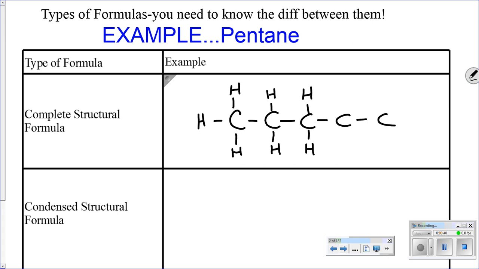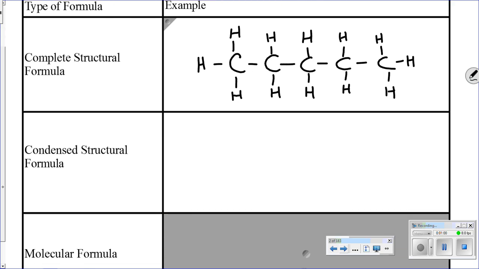It's called a complete structural formula because we can very easily see where all the hydrogens are, which carbons they're attached to, where the bonds are, and it's very drawn out. So we will deal with mostly drawing those. A condensed structural formula is a way of showing this that just scrunches everything down a little bit. So if we look at this one right here, this is a CH3.